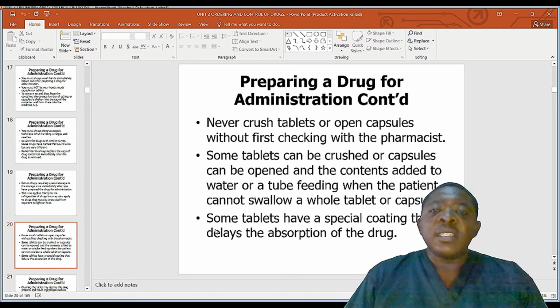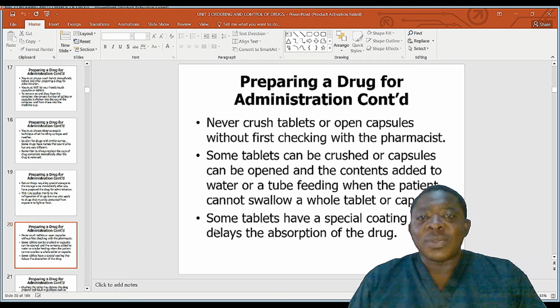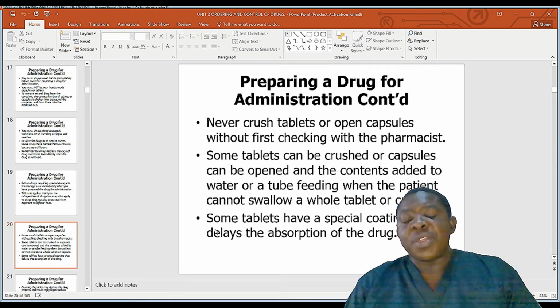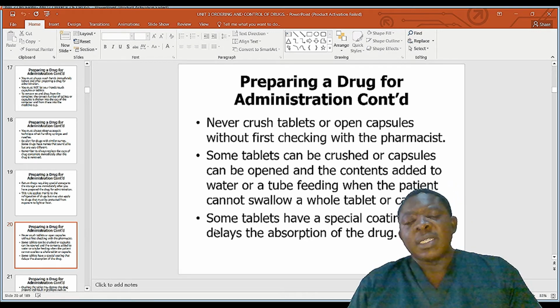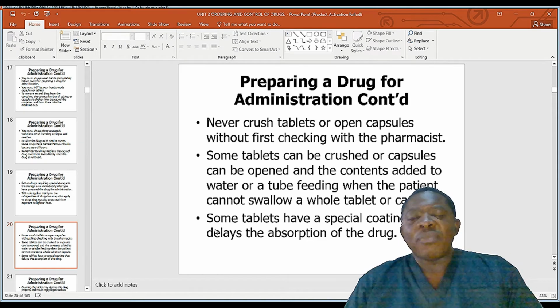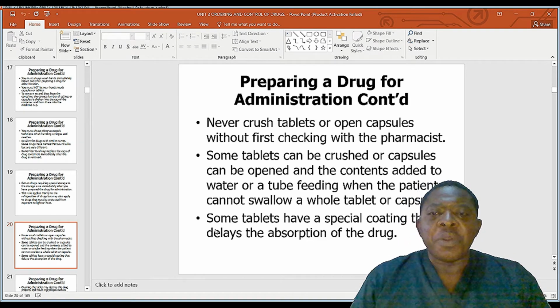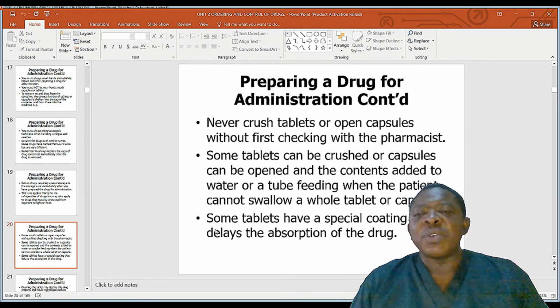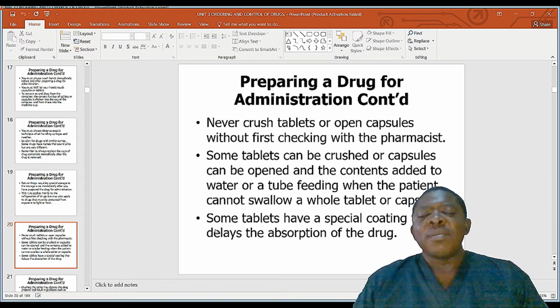Never crush tablets or open capsules without first checking with the pharmacist. There are tablets that can actually be divided, and they will even have some dividing lines. When you attempt to cut such drugs, you may find that there are reasons why drugs are encapsulated.